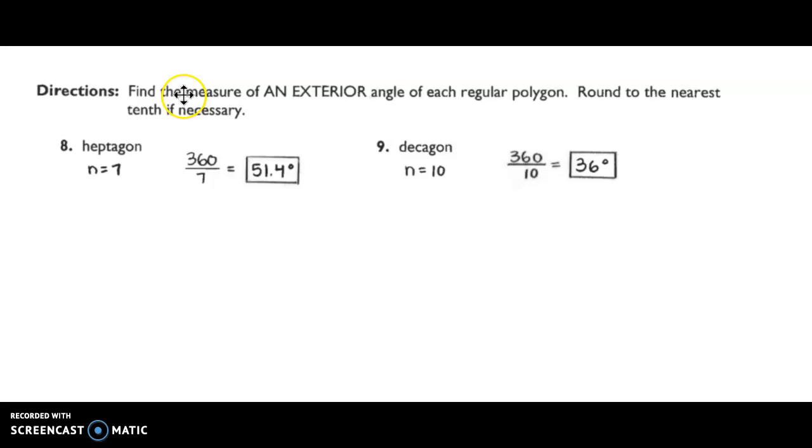And so here, find the measure of one exterior angle of each regular polygon. So 360, because the sum of all of the outer angles is 360, divided by 7 because there are 7 angles. So each exterior angle is 51.4.